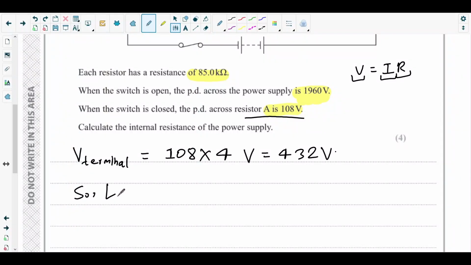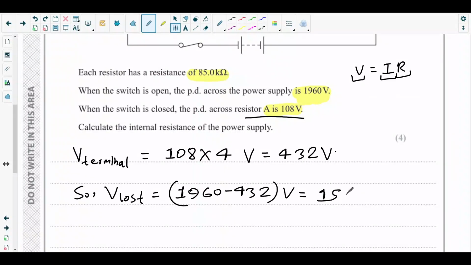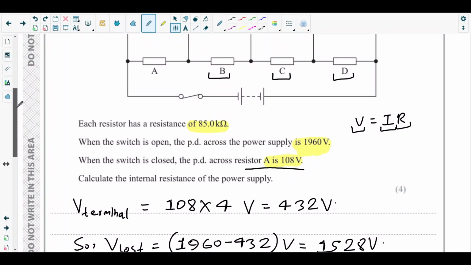So lost PD, V lost, equals 1960 minus 432 volt. So that is basically 1960 minus 432. This is 1528 volt. This is the lost PD. Okay, so we got the lost PD.